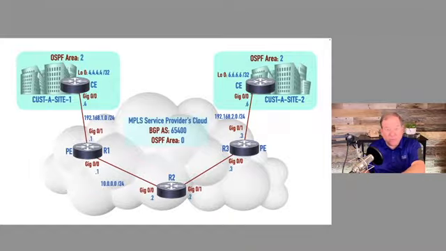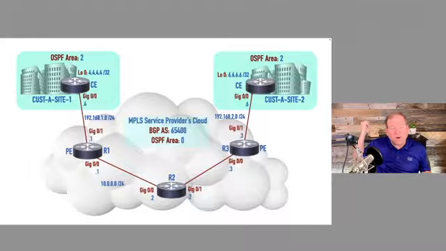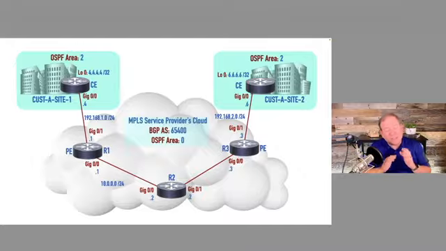I'm already running OSPF within the cloud. And we're going to then redistribute those OSPF networks coming in from a customer. They come into the PE router, the provider edge router. We're going to then label those routes, send them across the cloud, and then pop off those labels and send them to their destination.